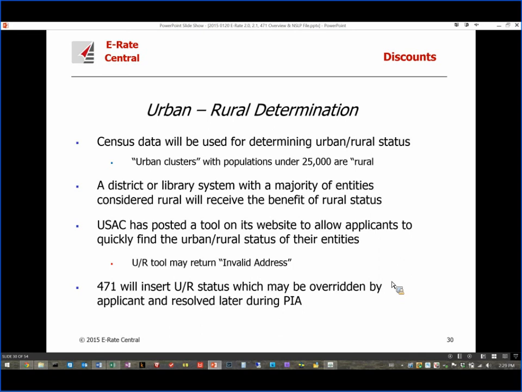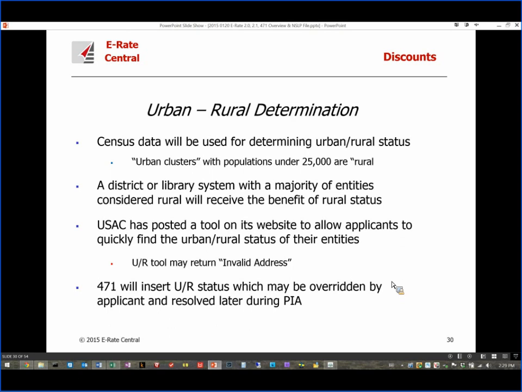There was a variety of issues with the tool, and that'll play out in the 471. Cutting to the chase, let me say this. If in the 471, when you're filling it out, it will automatically insert the urban-rural status, or it will give you a question mark.